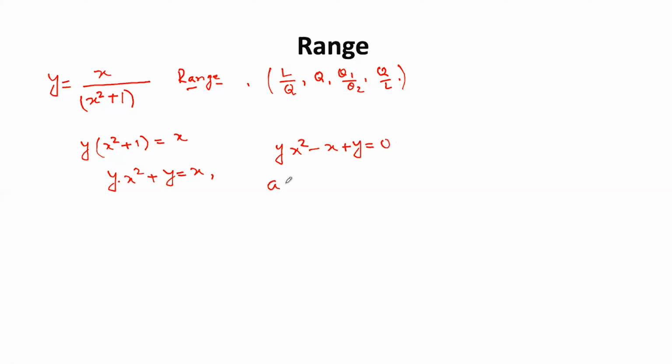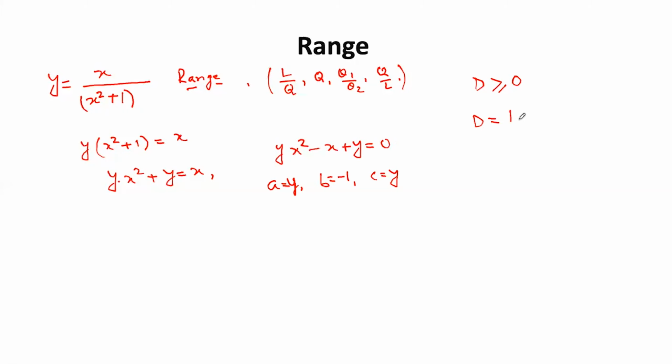In this you can see that the coefficient of x square is y, the coefficient of x is minus 1 and the constant term is y. And with the basic definition, we know that the discriminant of this must be greater than or equal to 0.